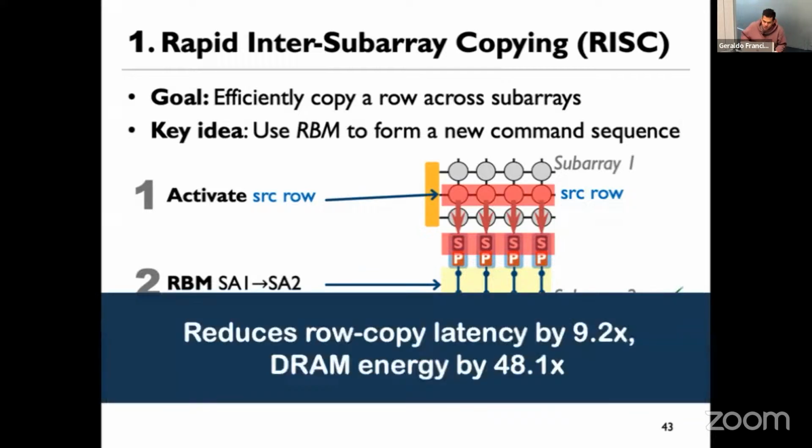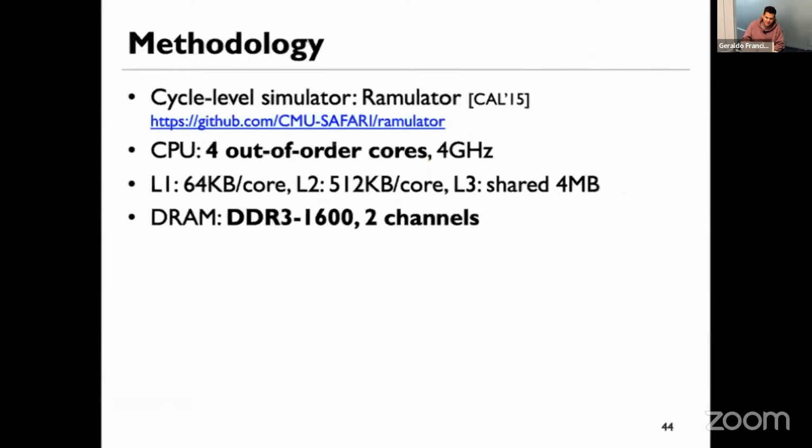So based on that, we can reduce row copy latency in RowClone. We don't need to use that pipelined serial mode anymore. We can directly use back-to-back activations with RBM in the middle, and that allows us to reduce the latency by 9.2 times and reduce energy consumption by 48.1 times.